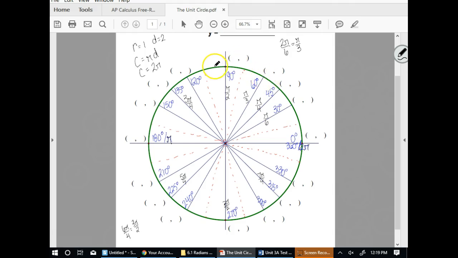And then if I go another 30 degrees, right here, to 90 degrees, that would be 3 pi over 6, which reduces to pi over 2. And then this would be 4 pi over 6, but 4 pi over 6 reduces to 2 pi over 3. So this is 2 pi over 3. If I go another 30 degrees, that is 5 pi over 6.